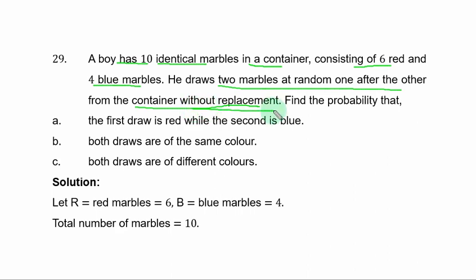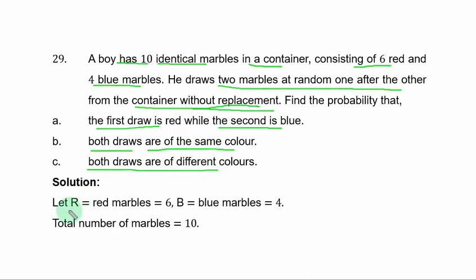Find the probability that A, the first draw is red while the second is blue. B, both draws are of the same color. C, both draws are of different colors.